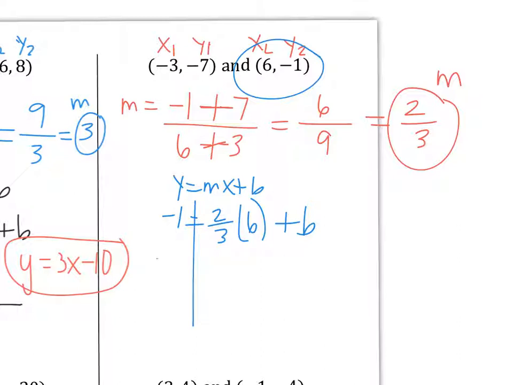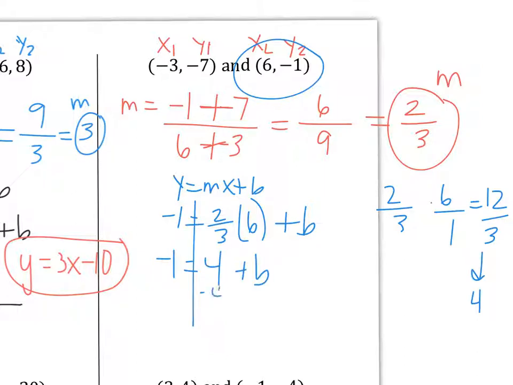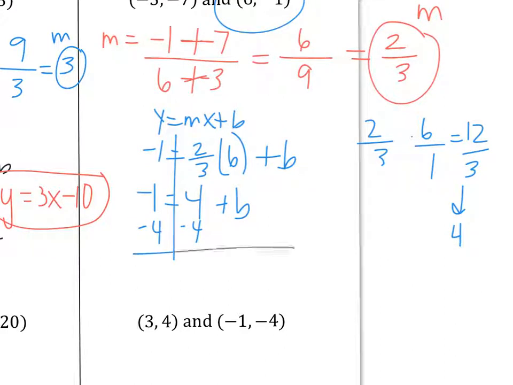And -1 equals 2/3 times 6, so 2 over 3 times 6 over 1 is 12 over 3, which is 4. So -1 equals 4 plus b, subtract 4, so b equals -5. So if I put it all together, I get y equals my slope, which is 2/3, x minus 5.